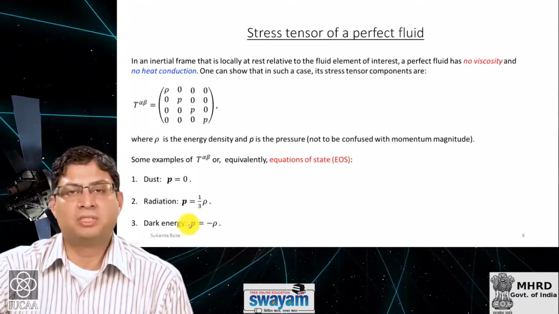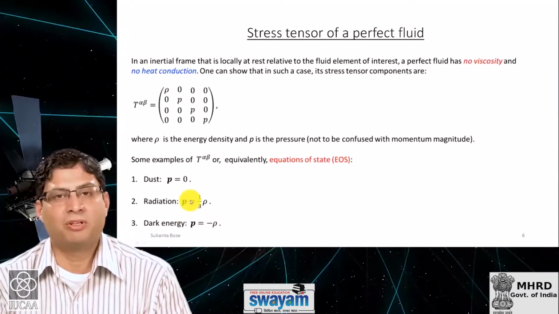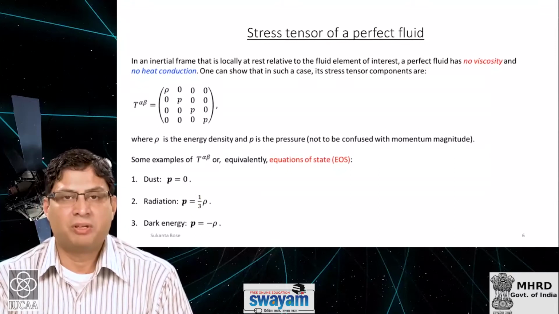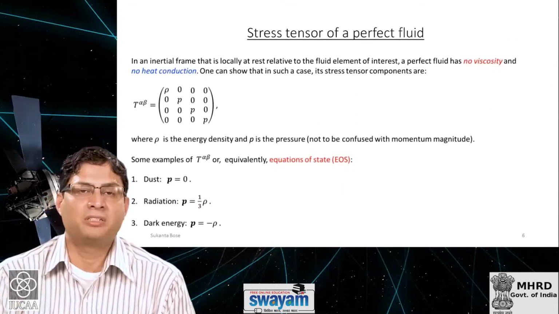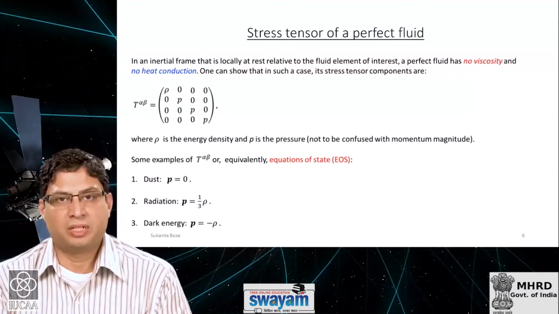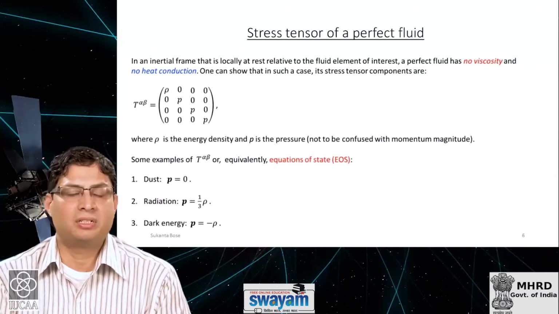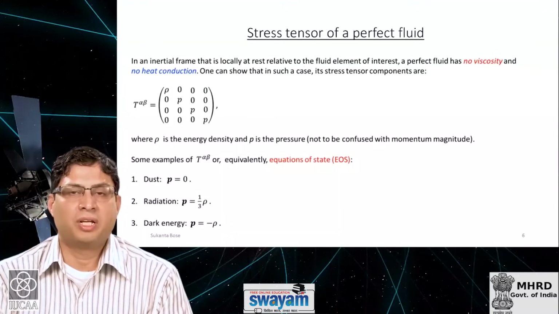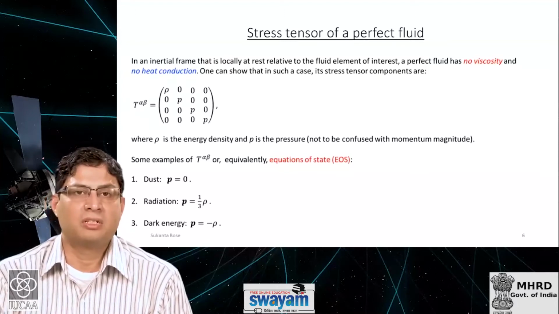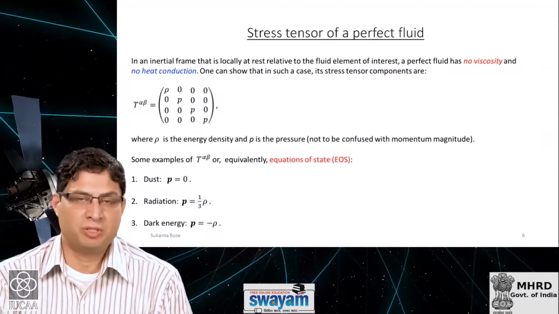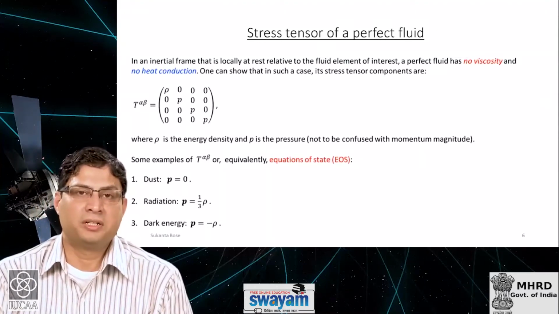Dark energy, which has been in vogue for about a couple of decades, ever since the cosmic microwave background radiation found the density parameter omega lambda to be non-zero, where lambda is the cosmological constant, and ever since the high redshift supernovae experiments also indicated the same thing.